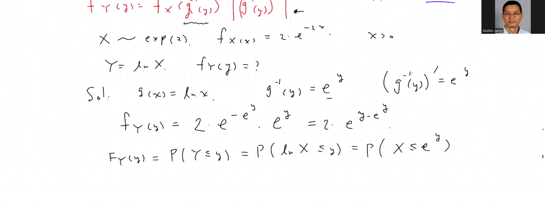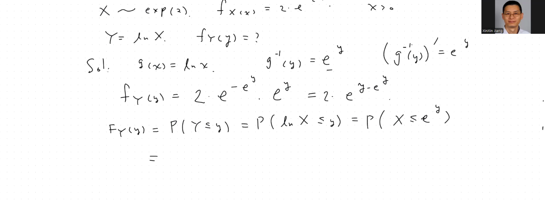And we know the exponential distribution, it's from 0 to e to the y, and 2 times e to the negative 2y. Actually, let's put x here. It's the density of x dx.